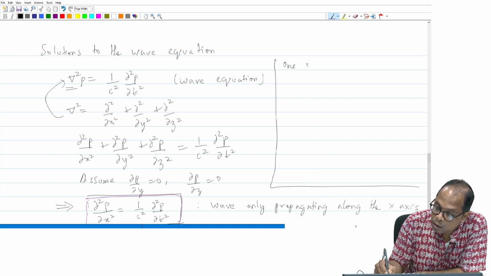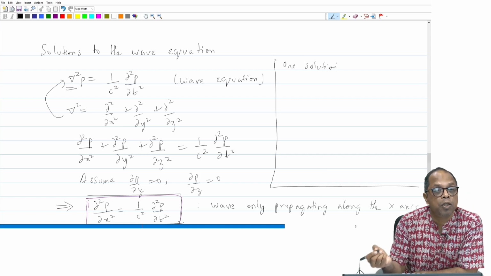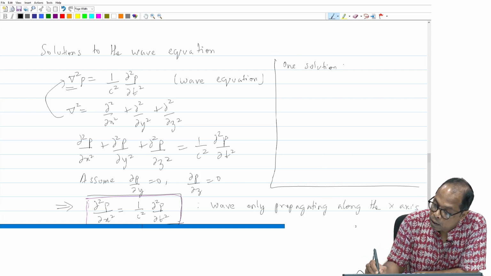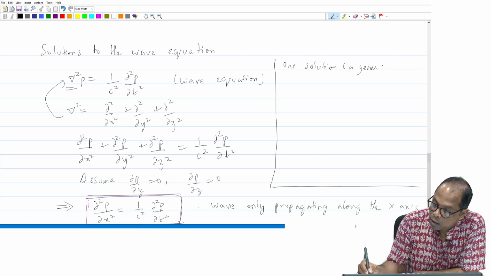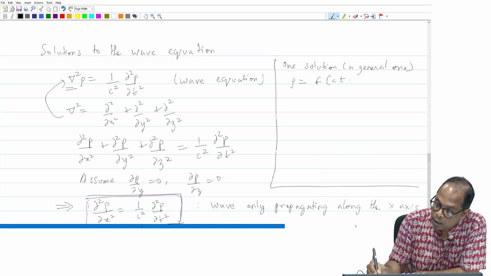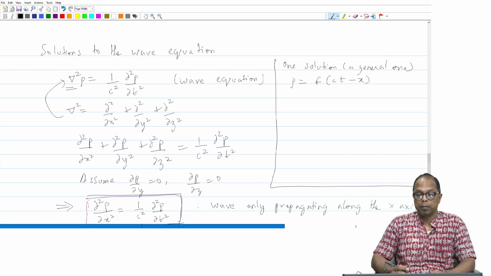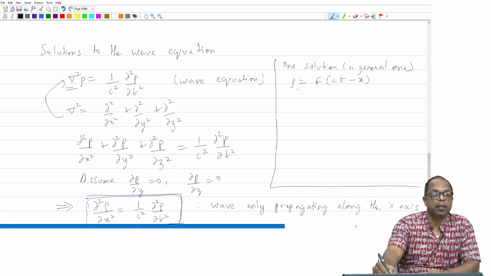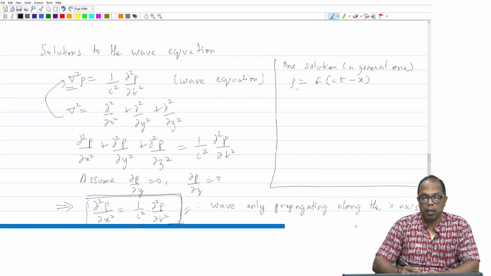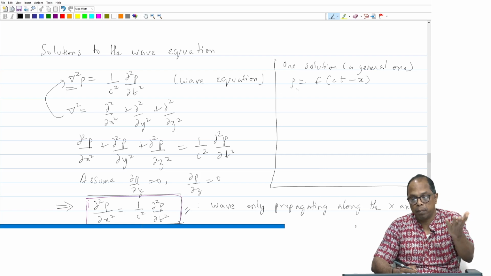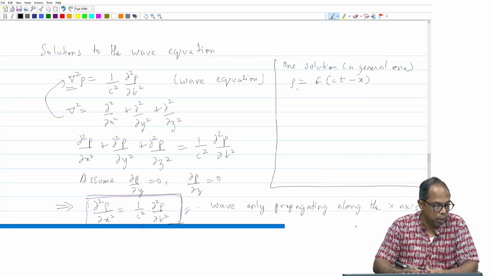One solution, a very general one, is P equals f of c times t minus x. So, you take this and plug it in to this one dimensional wave equation. You will see that d square p divided by dx square partial equals 1 by c square d square p divided by dt square partial. You could plug it in, do the differentiation and check for yourself.